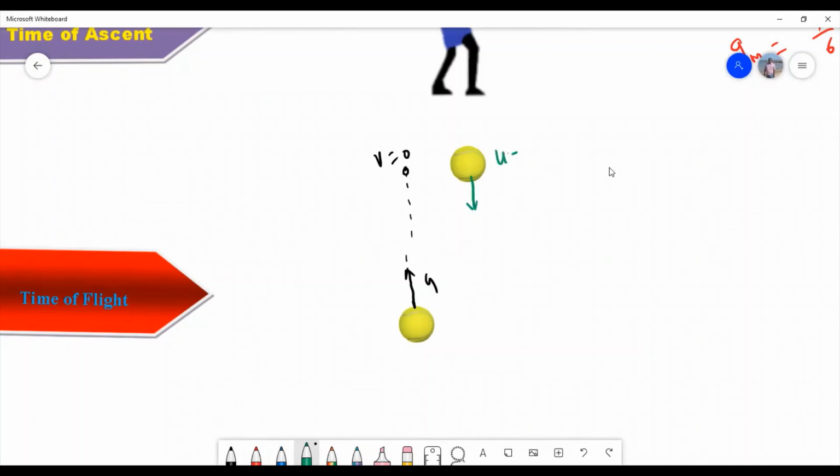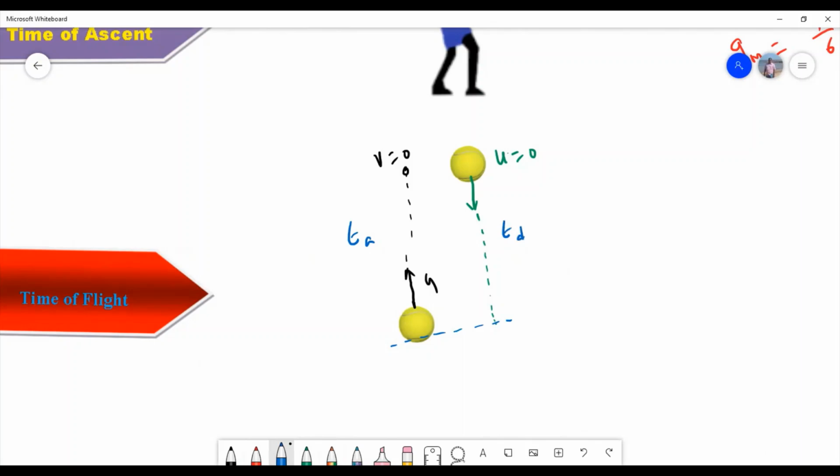Here the velocity of the ball is 0, and now it starts falling down. It will reach the ground again after some time. So we call this the time of ascent, and we call this the time of descent.